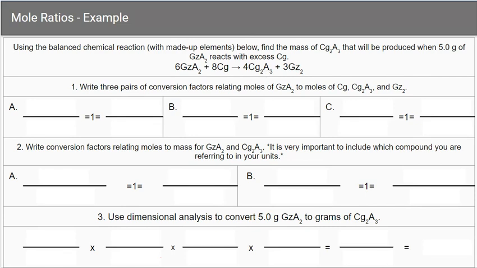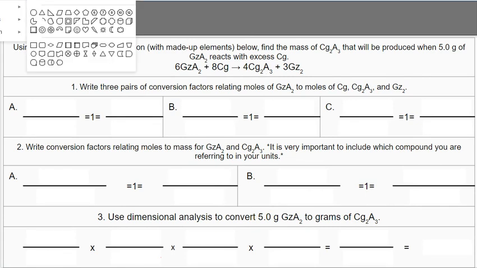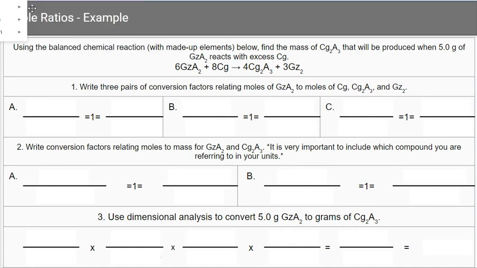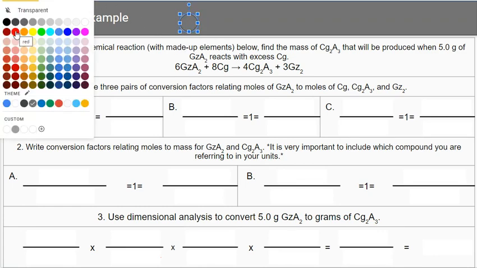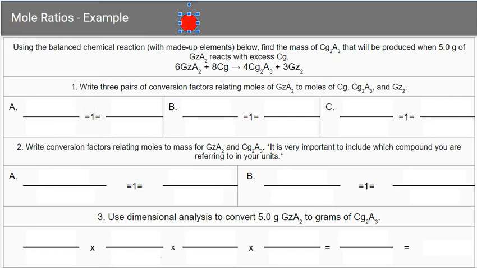Just to remind you of why that is, let me draw here. Let's say I'm going to draw GZA2 as just some kind of circle. A mole just means a super, super big number.